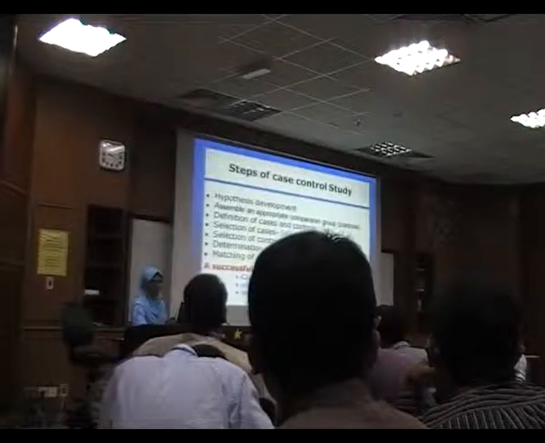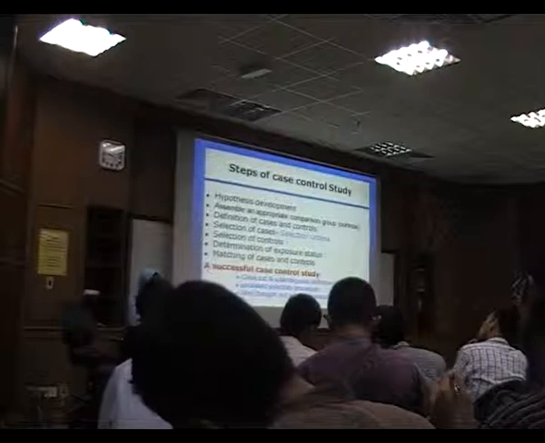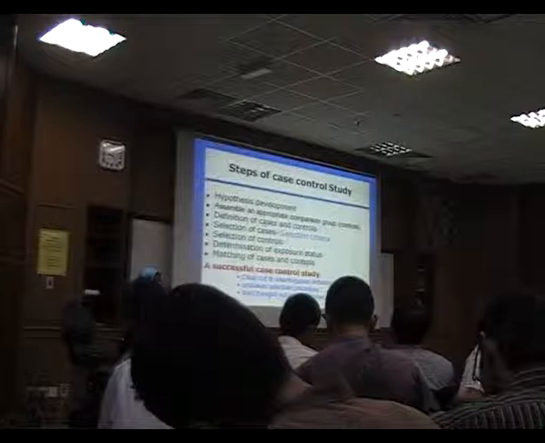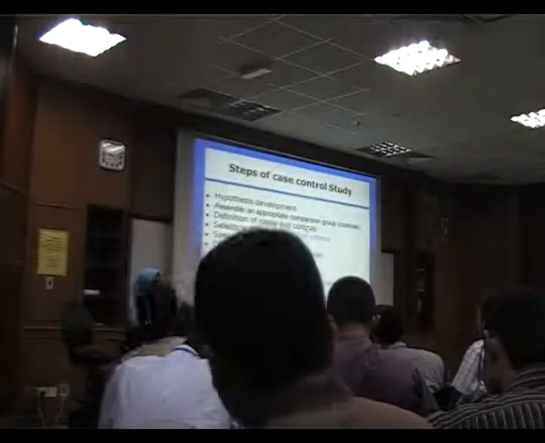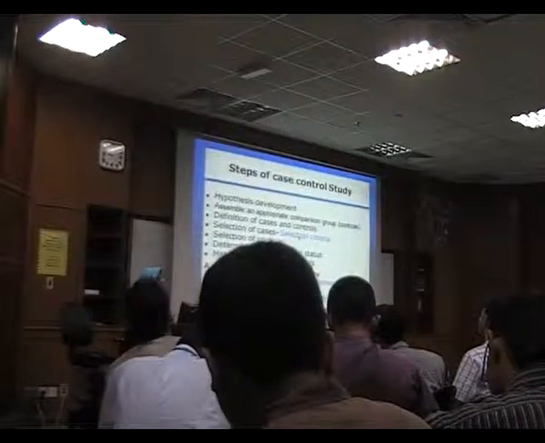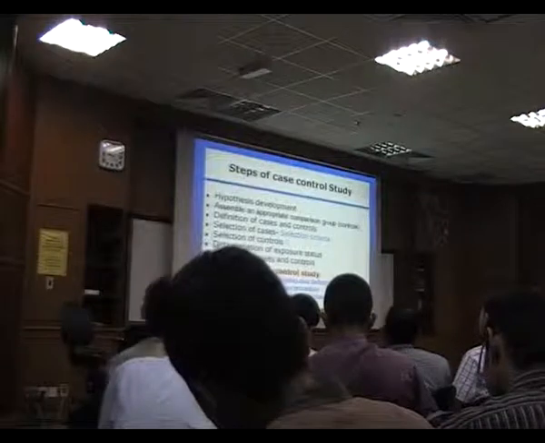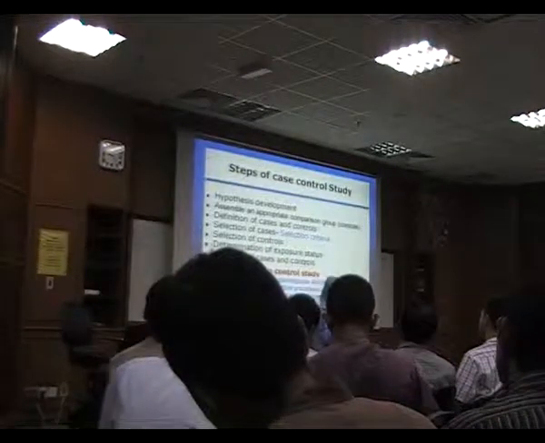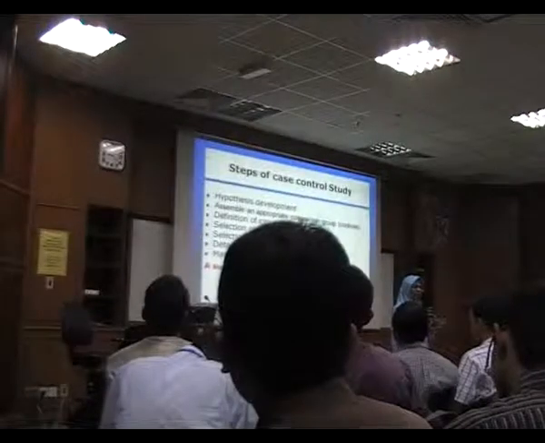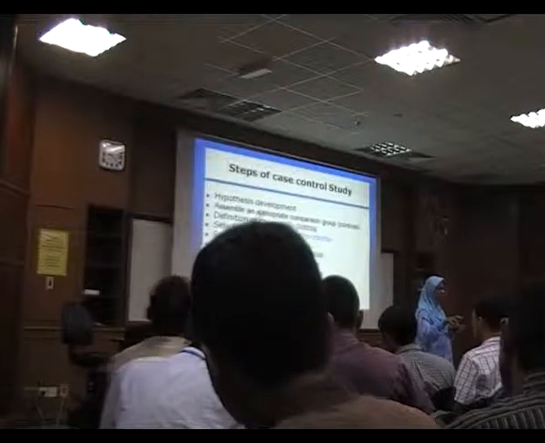So you have to assemble the appropriate comparison group also. You understand? And you have to have certain definitions of cases and control. And you have to have certain selection criteria, both for cases and control. Inclusion and exclusion criteria. What are the criteria you want to include and what are the criteria you want to exclude?